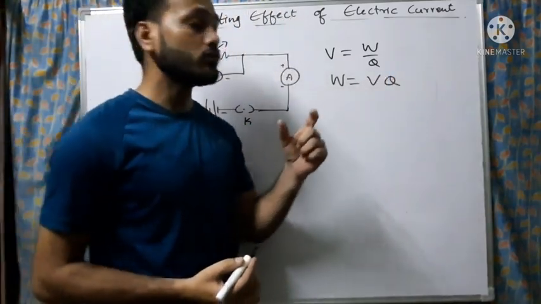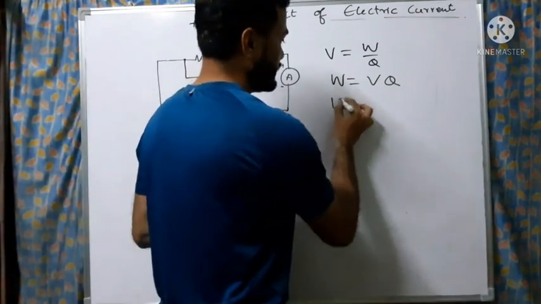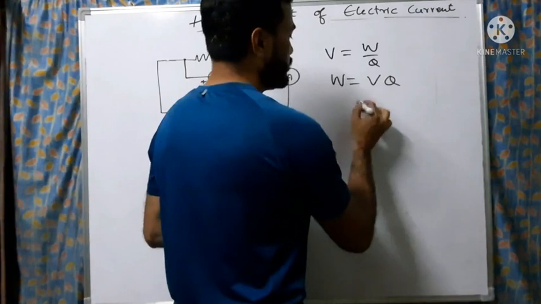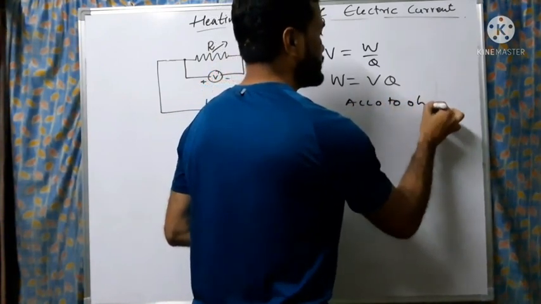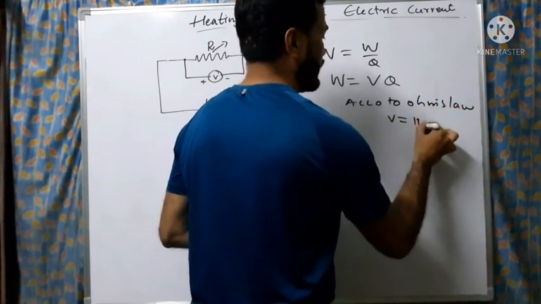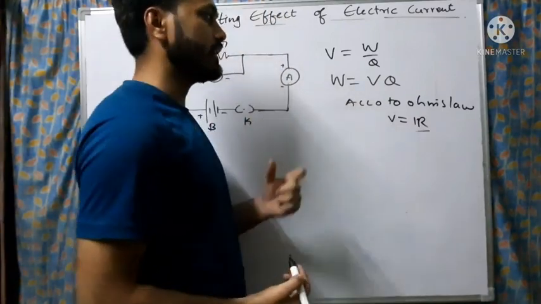Now I am going to substitute the values of V and Q. According to Ohm's law, V is equal to IR. So the V value I am going to put here, that is IR.